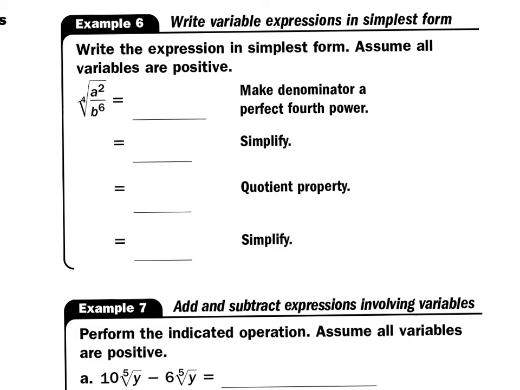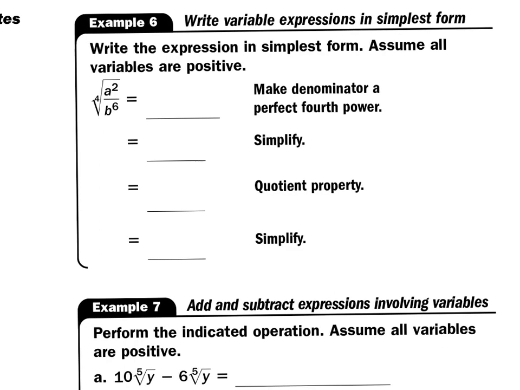So if I pull this apart a little bit farther and put b squared here, then I'd have the 4th root of a squared b squared on top, and then on bottom the 4th root of b to the 12th, and that would be just plain b to the 3rd on bottom.